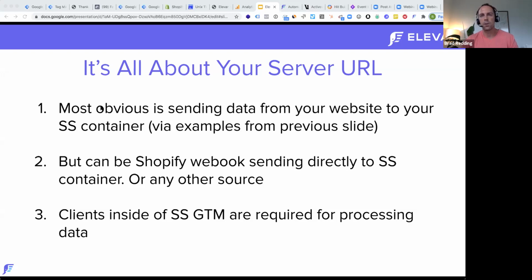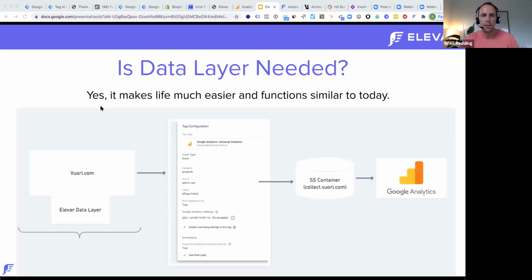So if you wanted to use a unique request URL for data coming from your oven, website could be /website. That's getting too much in the weeds when it comes to clients, but the big takeaway is if you are sending different types of data from wherever into your server-side container, in general, you would want to have one client that is there to process and digest that data.